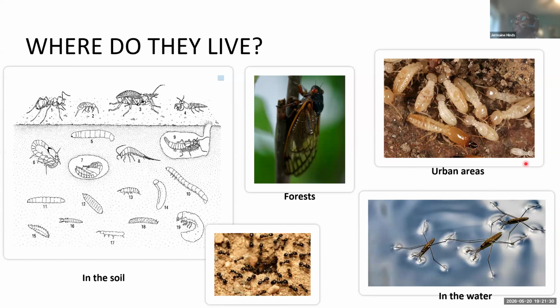In urban areas, you can have things like mosquitoes, termites, spotted lanternfly. Again, ants are important insects for the soil ecosystem. In the water, these are water striders. They're a good indicator of your stream health or the health of aquatic ecosystems, and food for fish, birds, different things.